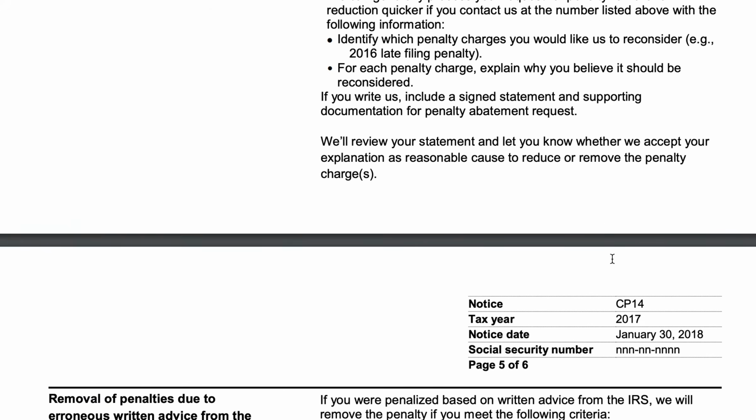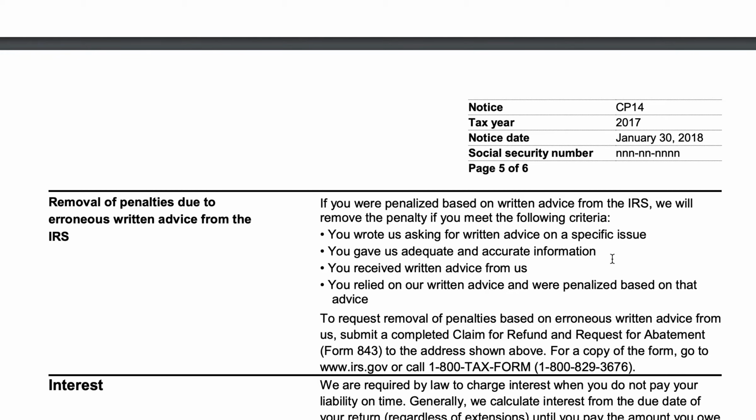So let's see. If the IRS gave you bad advice, like if you were penalized even after you followed instructions from the IRS, then the IRS can remove the penalty if you can follow this guidance: you wrote asking for written advice on a specific issue, you gave the IRS adequate and accurate information about the issue, the IRS gave you written advice, and that was relied upon, and then you turn around and got penalized.